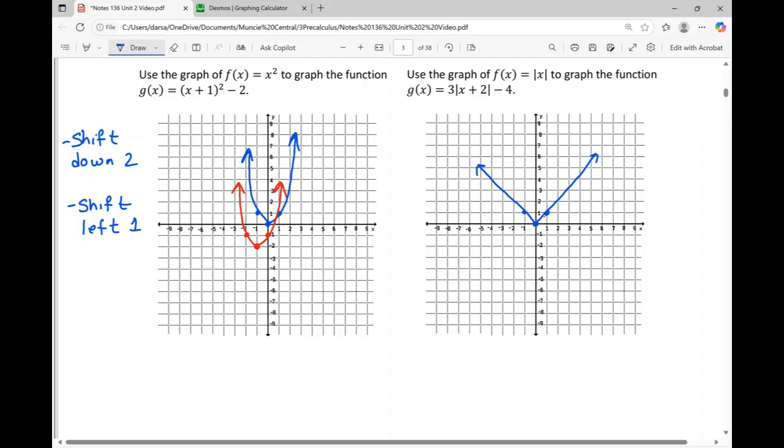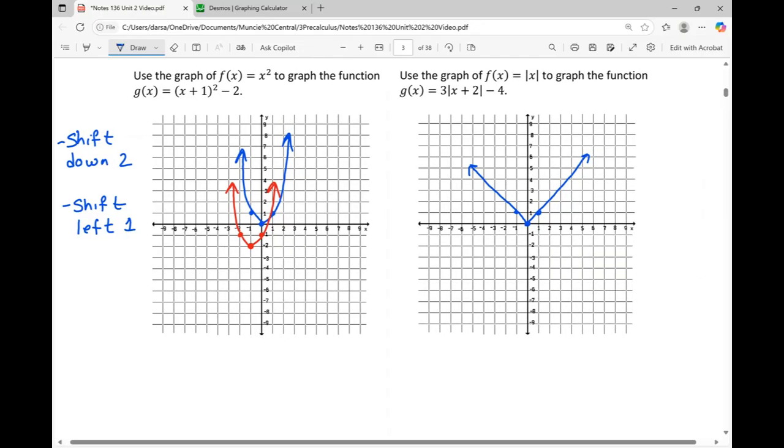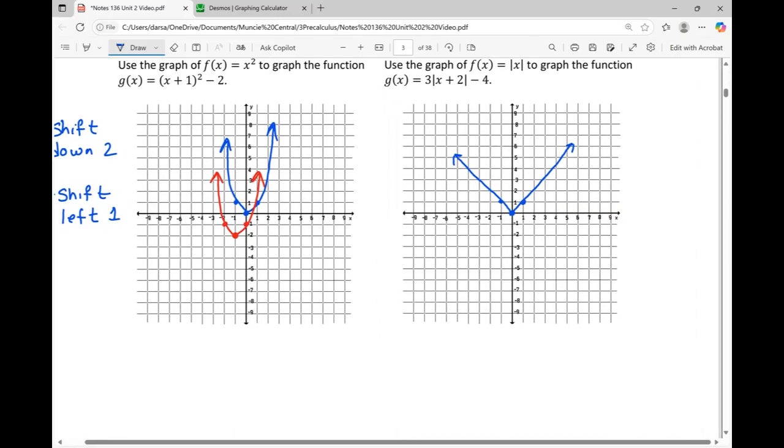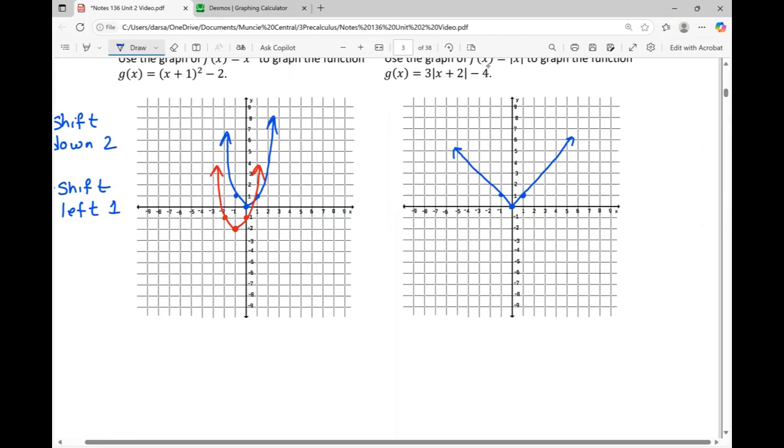Now that we've got our parent graph drawn, we need to list the translations. So that -4 on the outside, that is going to make us shift down 4. So we're going to say shift down 4 to list the translation for the 4. What is the +2 going to do? Well, remember, insides are backwards and stupid, so plus, we think it goes right, but it doesn't.